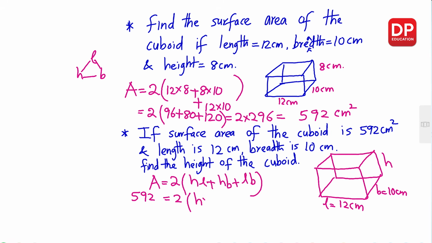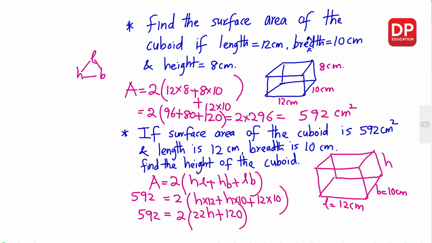L is 12. H we don't know. B is 10. And L is 12 and B is 10. Now find out the value here inside. You get 2. 12H and 10H becomes 22H. Plus 12 times 10, 120.